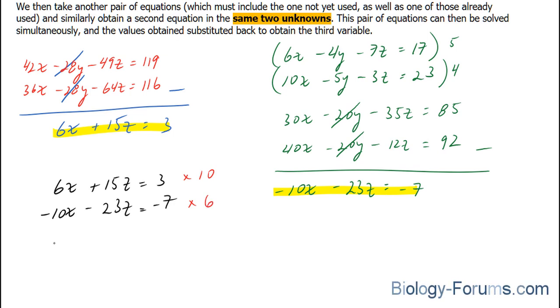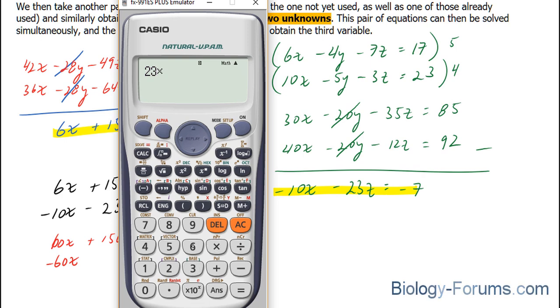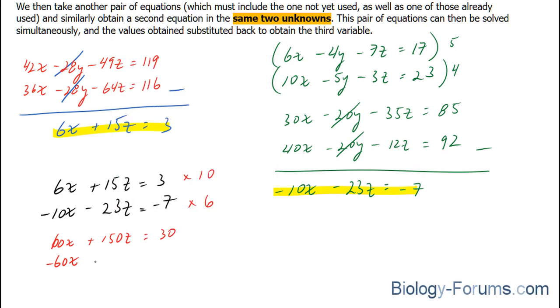If we do that, we end up with 60x plus 150z is equal to 30. And at the bottom we end up with, negative 60x, 23 times 6 is equal to negative 138z, and these two multiplied is equal to negative 42.